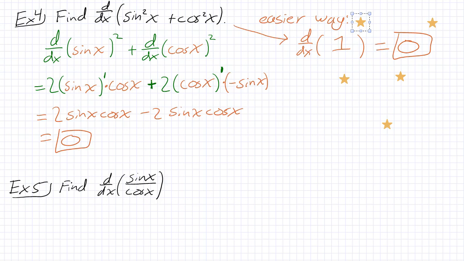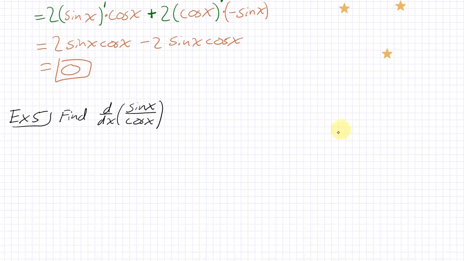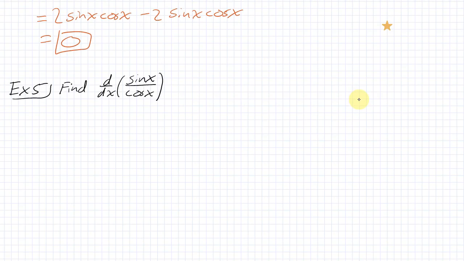Okay, so next let's look at the derivative of sine of x over cosine of x. I want to do this one because this is actually the same thing as doing the derivative of tangent of x, because that's a trig identity that tangent of x is always equal to sine of x over cosine of x.